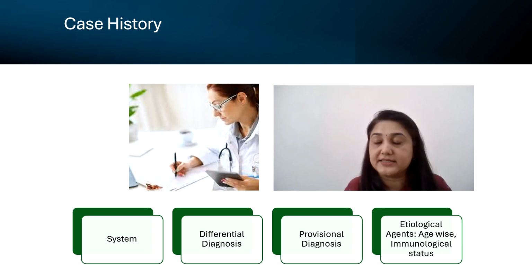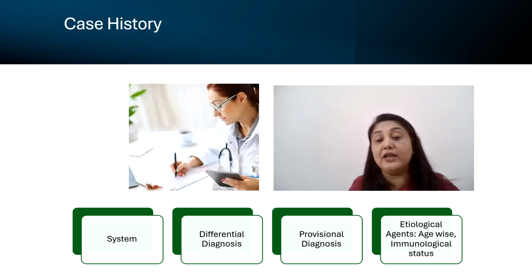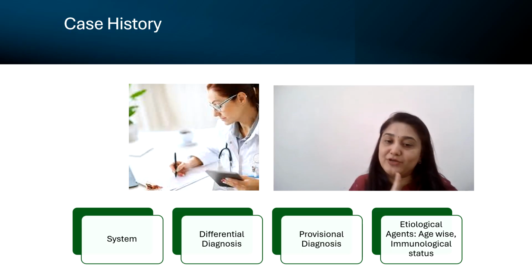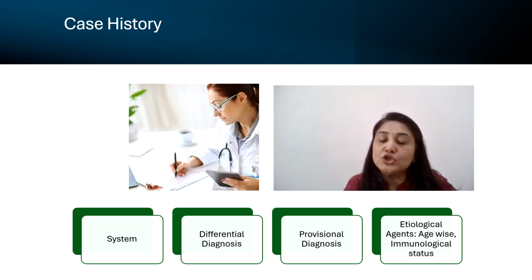So put more than one differential diagnosis. Then your provisional diagnosis in that case would be enteric fever. Then the etiological agent would be Salmonella, not only Salmonella Typhi, but Paratyphi A, B or C. So like this we have to go through a case history.